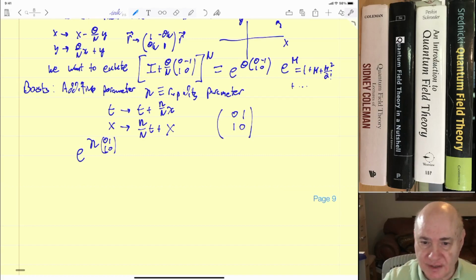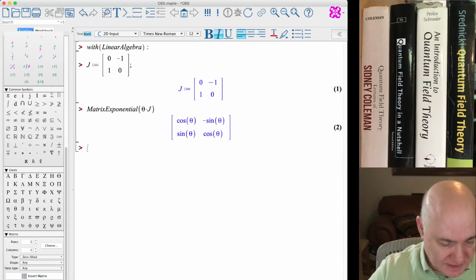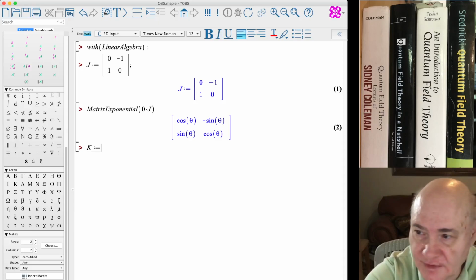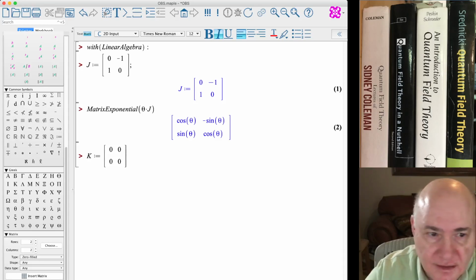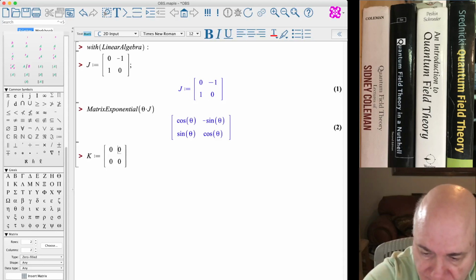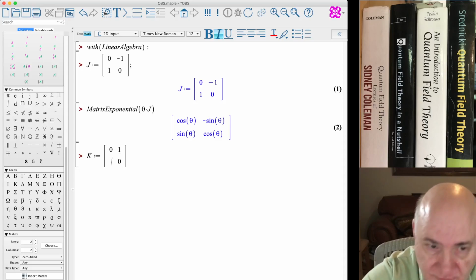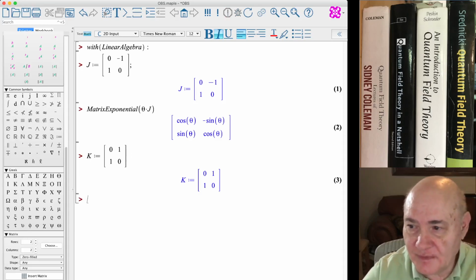And I'm going to go back to the Maple worksheet, and we'll define a boost, an infinitesimal boost generator or matrix. And this time it's 0, 1, 1, 0. And that sign, of course, makes all the difference in the world.